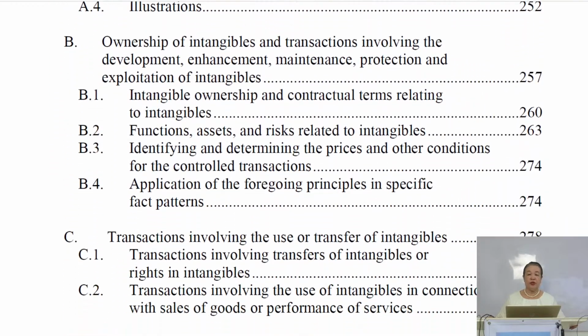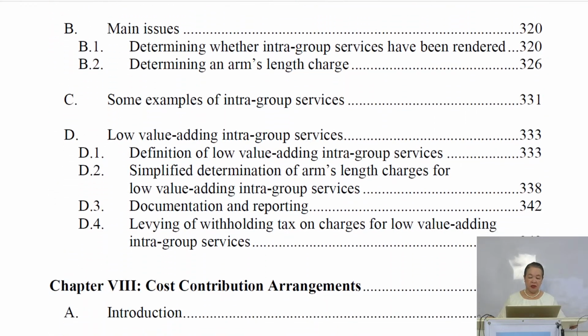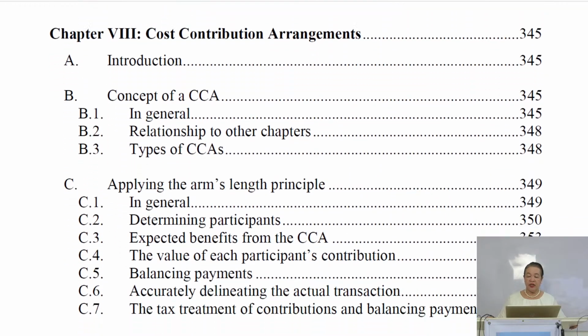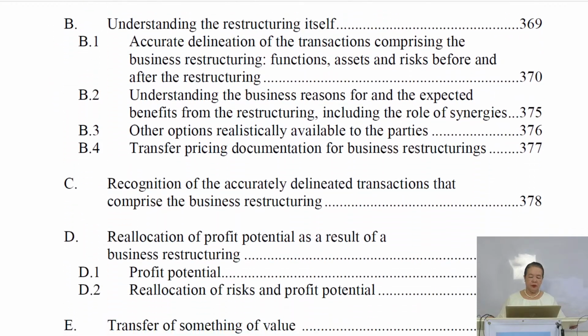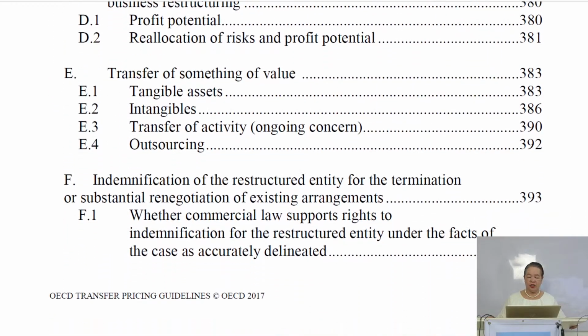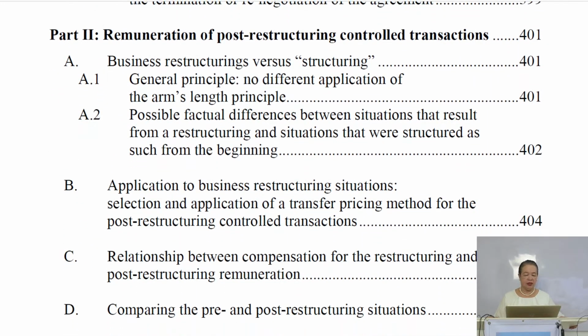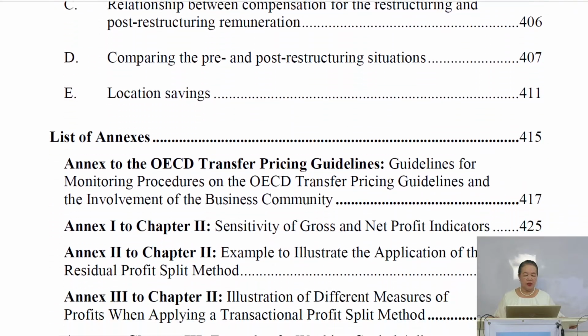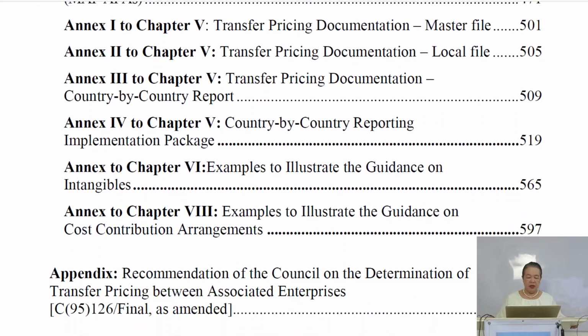The cost contribution arrangements, the transfer pricing aspects of business restructuring, the arm's length compensation for the restructuring, remuneration of post-restructuring controlled transactions. Then the annexes: the sensitivity of gross and net profit indicators, the guidelines for monitoring procedures, and the application of the residual profit split method.